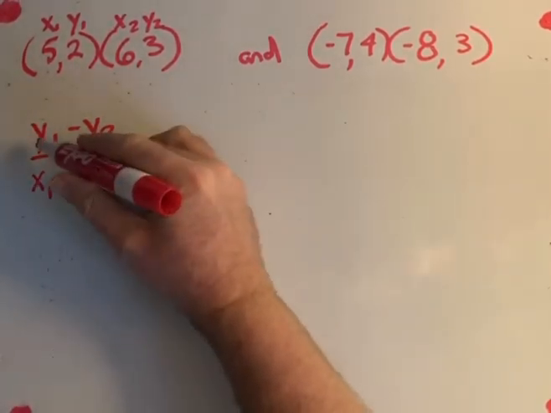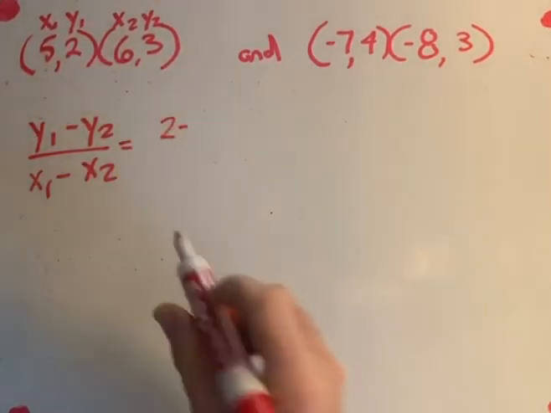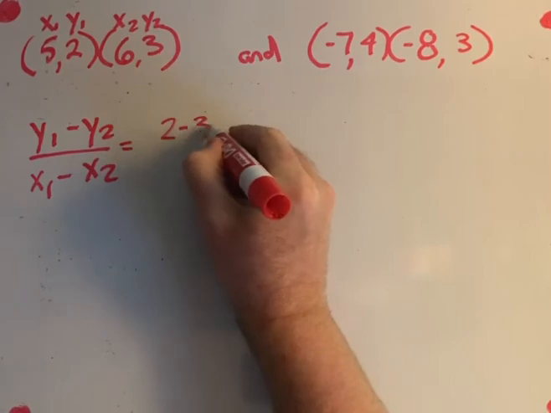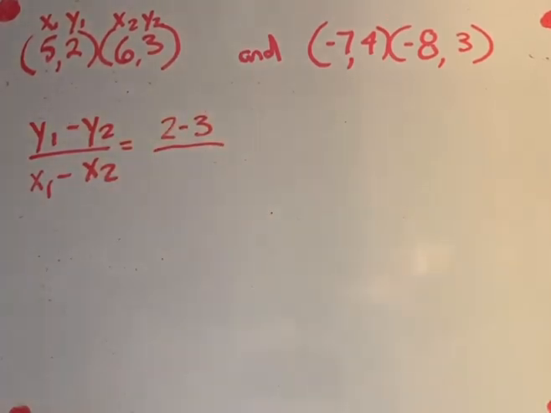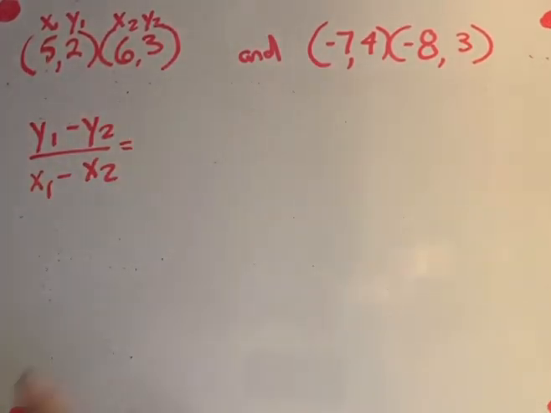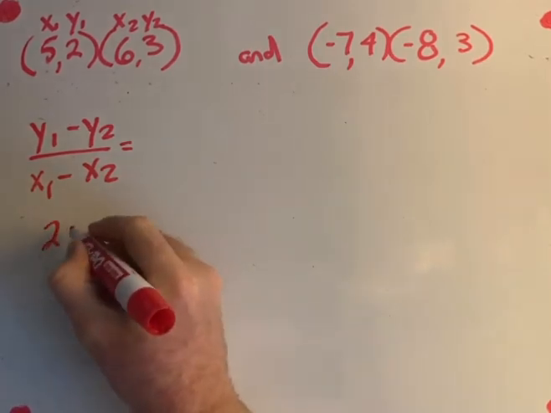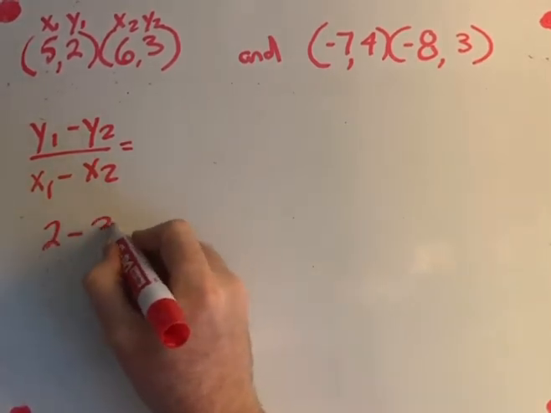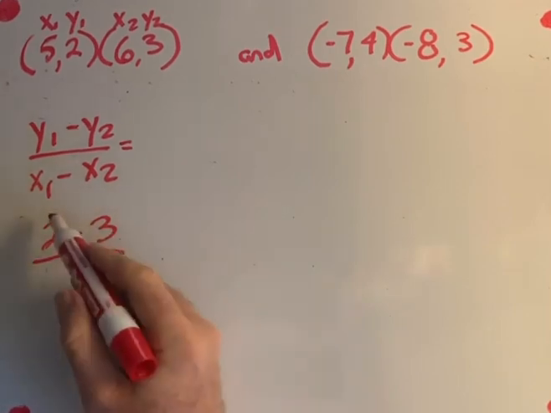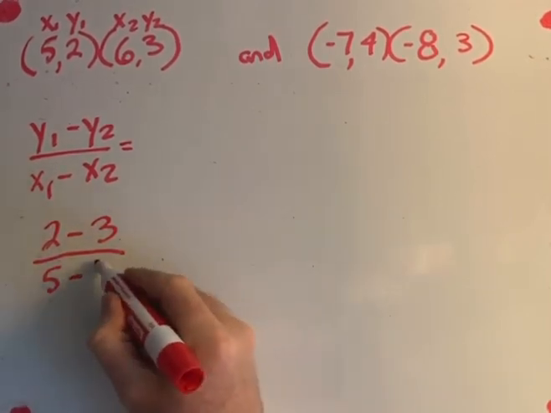So here I know that y1 is 2 minus y2, which is 3. And I'll tell you what, I'm going to move this down, just put it underneath it, okay? So y1, once again, is 2 minus y2, which is 3, over x1, which is 5, minus x2, which is 6.